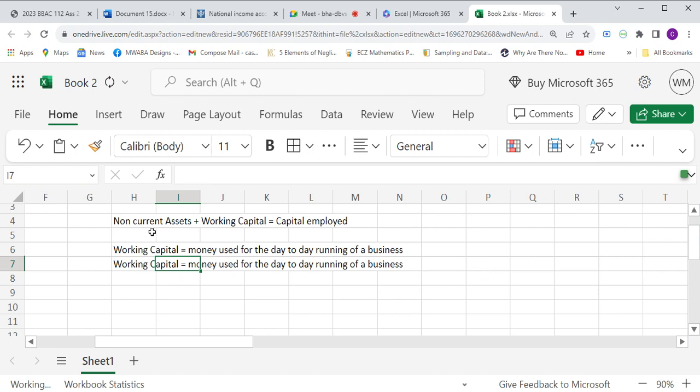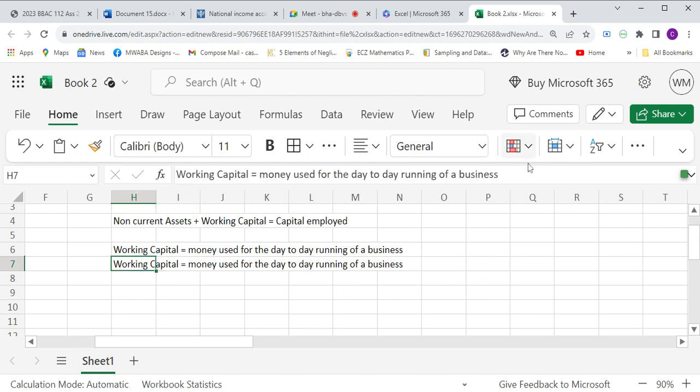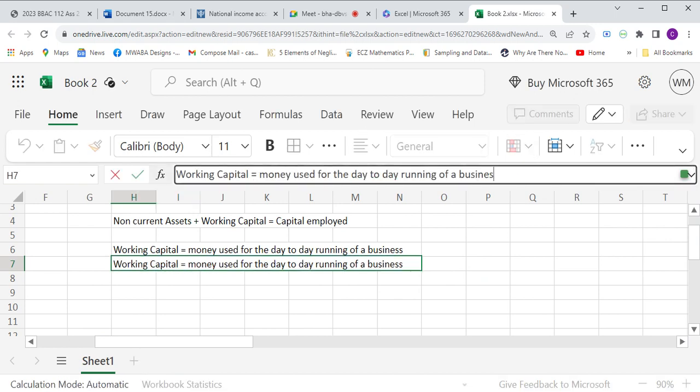Okay. Working capital, current assets minus current liabilities.